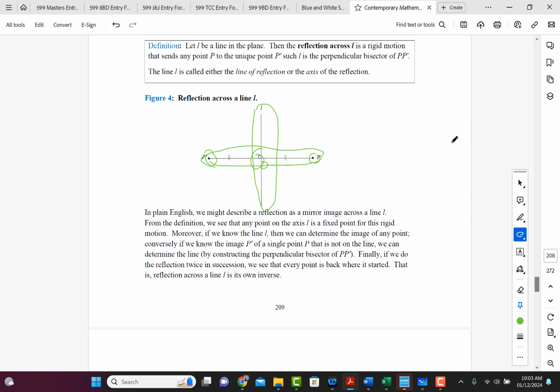Finally, if we do the reflection twice in succession, every point is back where it started. That is, reflection across a line L is its own inverse. So if we do a reflection across line L twice, we get back to where we originally started.